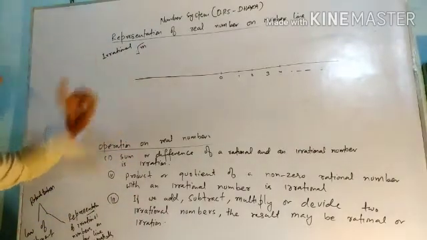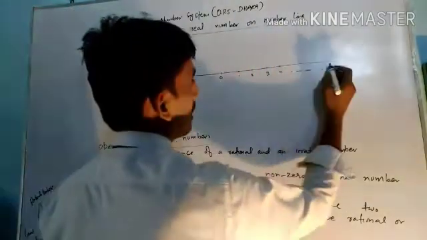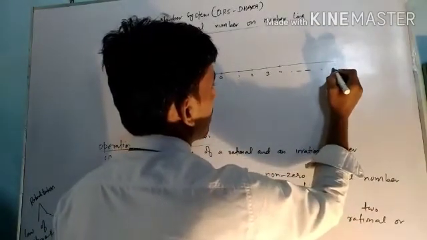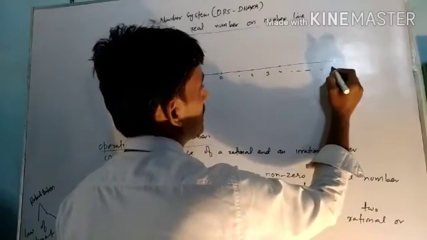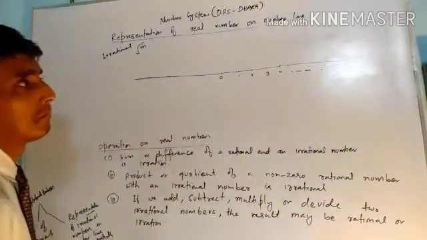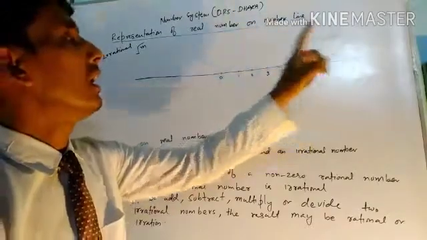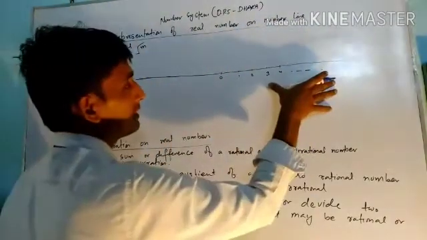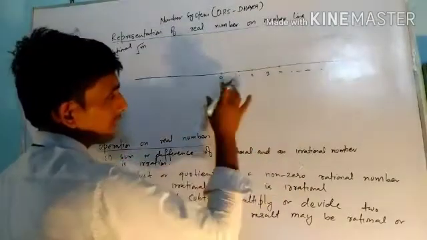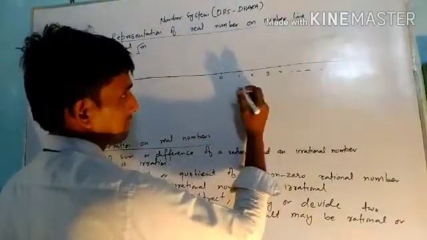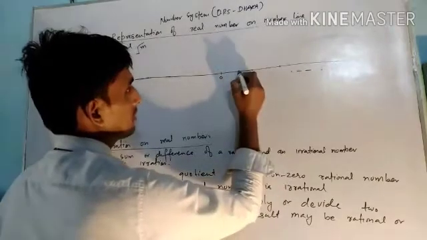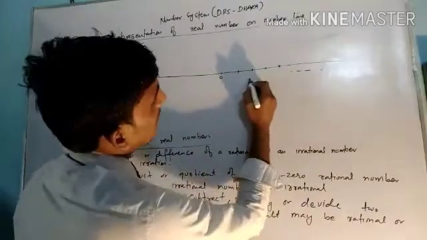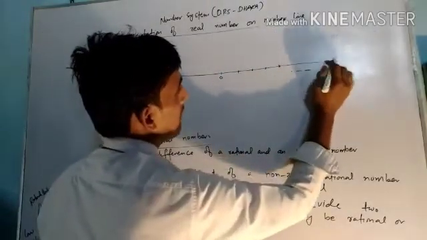Suppose m is any natural number, and this point is representing m. 0, 1, 2, 3 up to m. So you have to represent it. Now we will take the half of this, 0 to m.